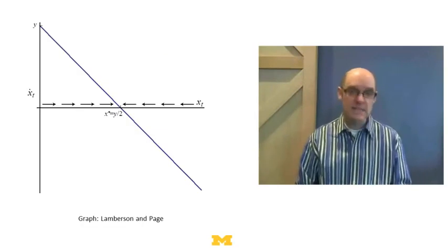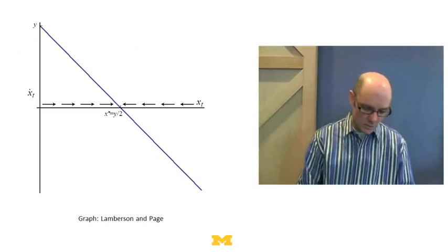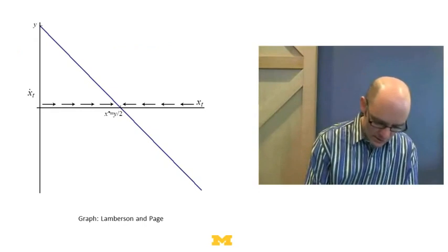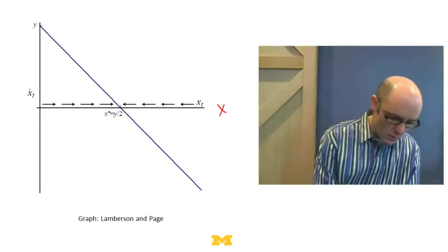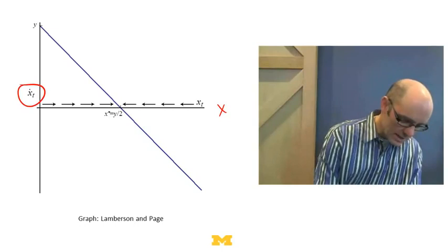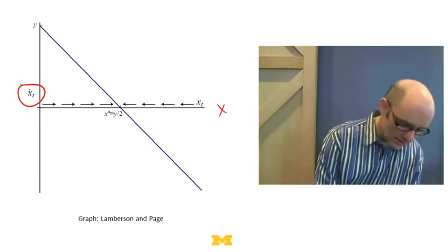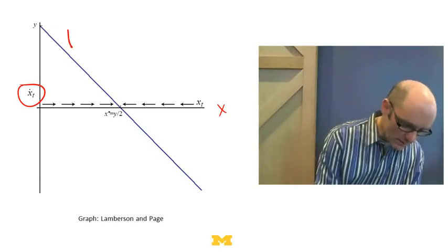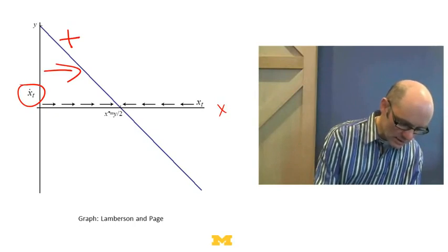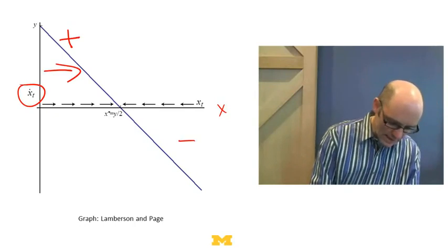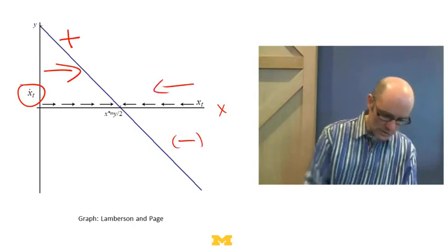So here's the basic idea of a dynamical system. What you've got on this axis is this variable x, and this little x dot is telling you how x is going to change. That's what this line tells us. So if the line is positive, it means that x is going to move in this direction, and if the value is negative, like it is over here, it means x is going to move in this direction.